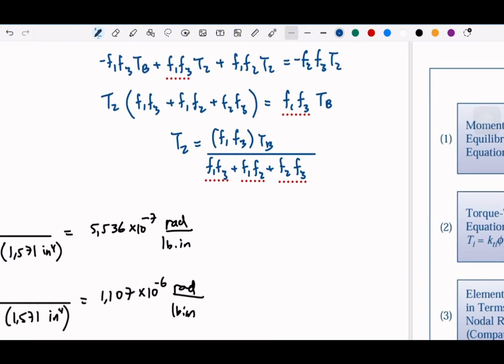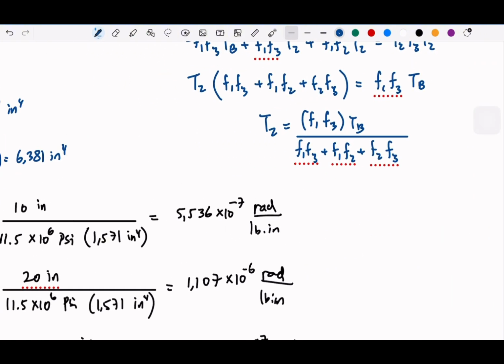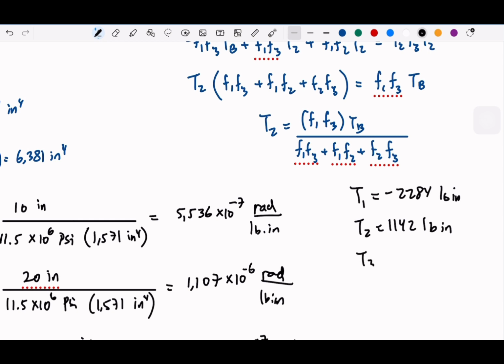And based on this T2, later with the same reasonings, you can have the T1 and T3. So we are going to get T1 is negative 2284. T2 is 1142. And T3 is, okay. So we get T.